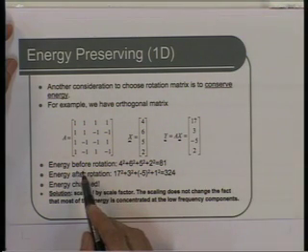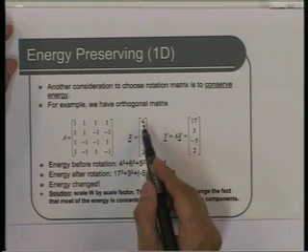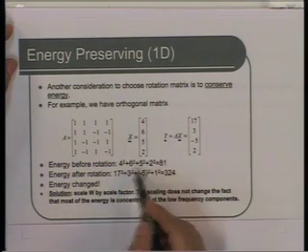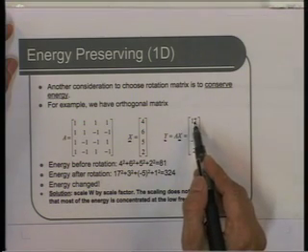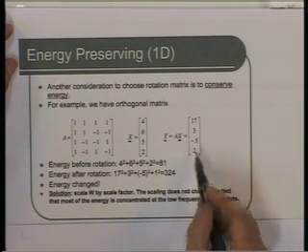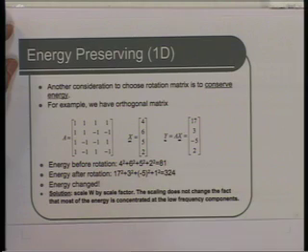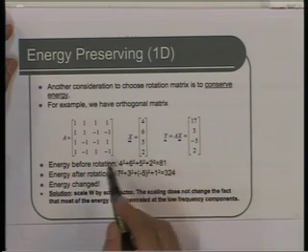If you look at the energy before rotation, that is the sum of squares of these, it gives you 81, whereas the energy after rotation, that is the sum of the squares of these elements, gives you 324. So, we do not want such a thing to happen.